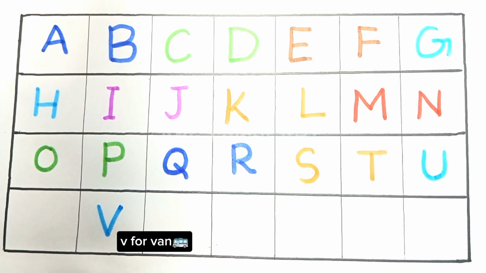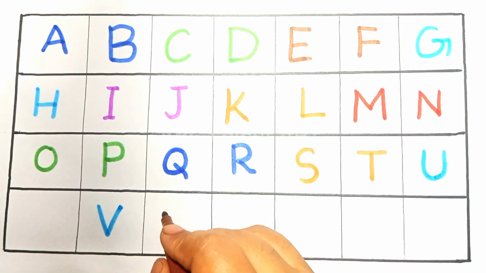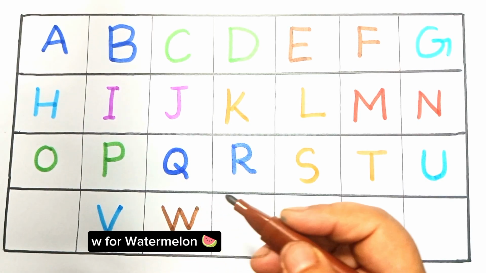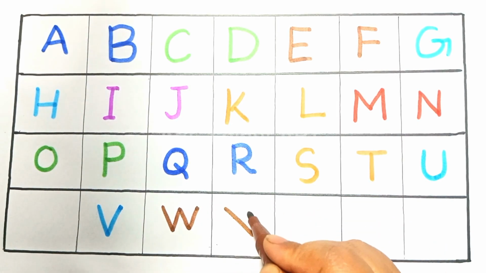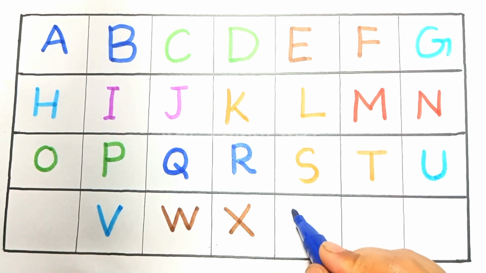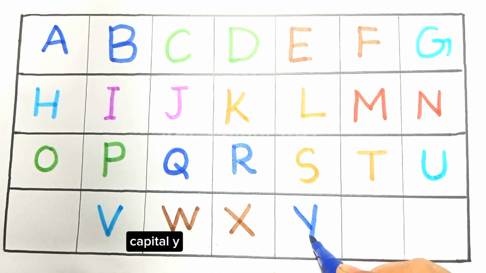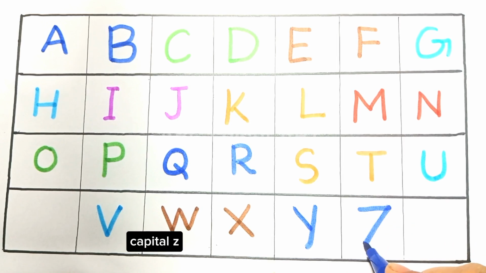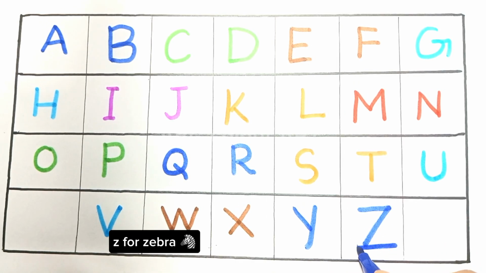Capital V for van. Capital W for watermelon. Capital X for Xmas tree. Capital Y for yacht. Capital Z for zebra.